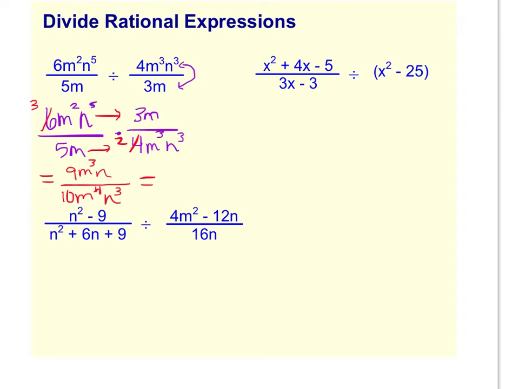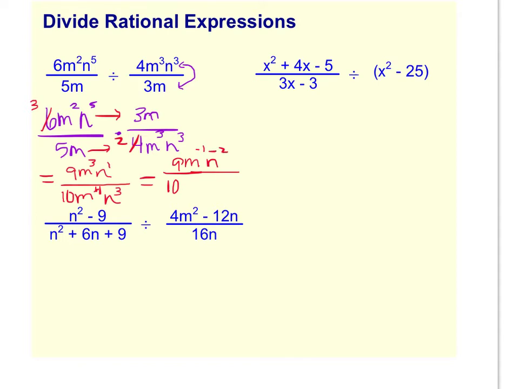If you can reduce a 9 over 10, keep going, but 9 over 10 actually stays as a 9 over 10. It doesn't reduce. And then when you are dividing these m's and dividing these n's, you're going to subtract your exponents. So m to the third over m to the fourth, you subtract 3 minus 4 and you get a negative 1. And then your n, 1 minus 3 is negative 2.